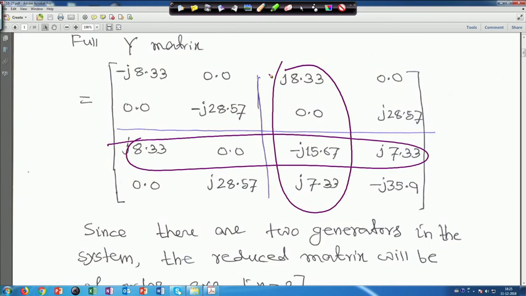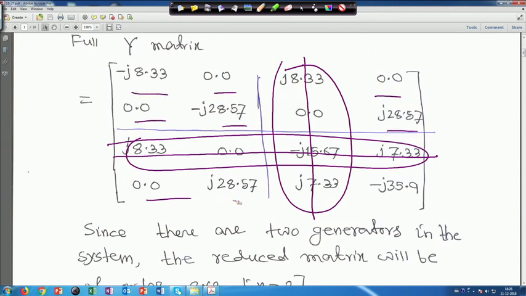All these elements will be 0 during the fault, so they will not be there. This one will be there, this one and this one will be there. That means the matrix first comes down to 3 into 3, after that we will reduce it to 2 into 2, right, because the fault has occurred at bus 3.